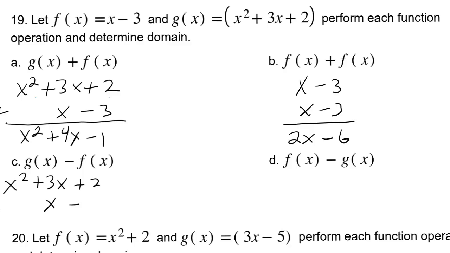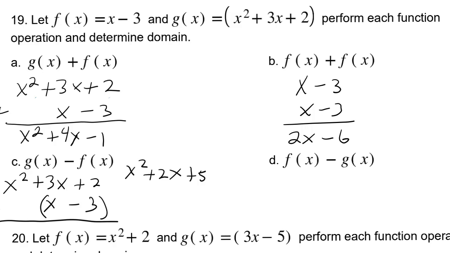So let me go back. You're subtracting x minus 3, so it should be x squared. 3x minus x gives you 2x. And then 2 minus a negative 3, that's plus. So that's plus 5.